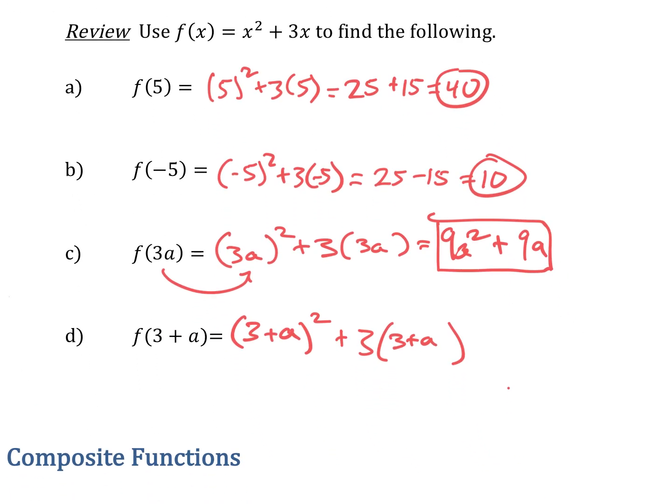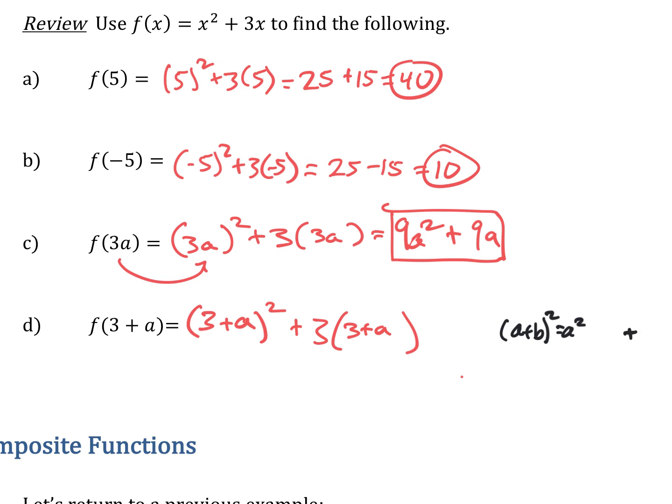We remember that a plus b squared is a squared plus b squared, and in the middle, 2ab. Remember that? So we square the first, we get 9. Square the last thing, we get a squared. And we're going to multiply them, get 3a, and double that. We're going to get 6a.